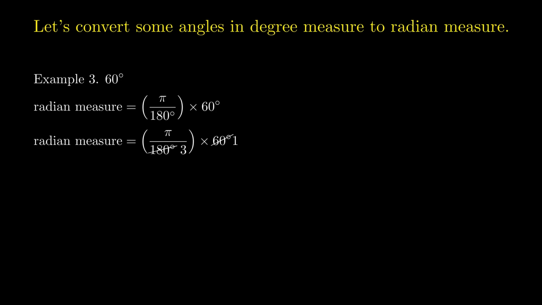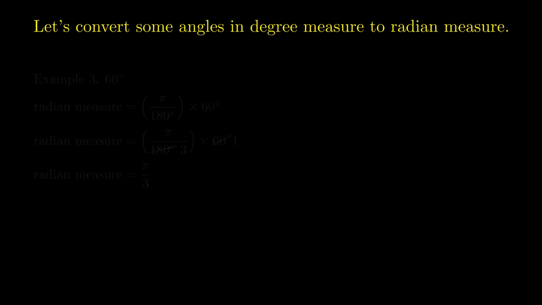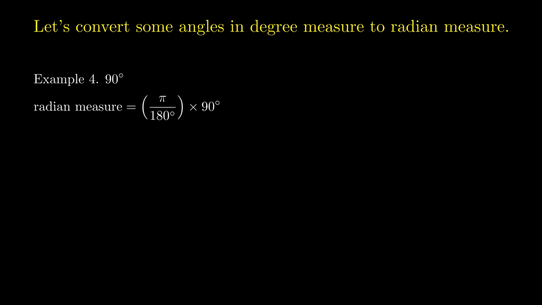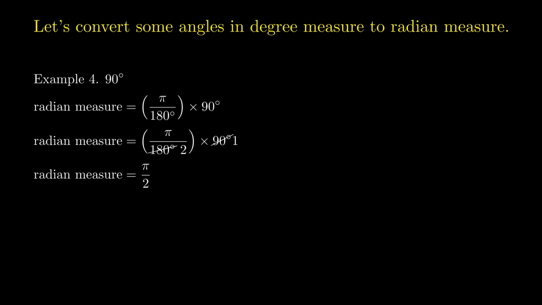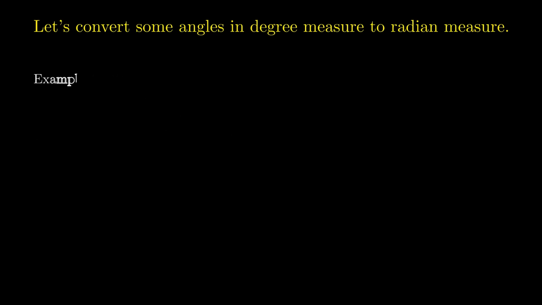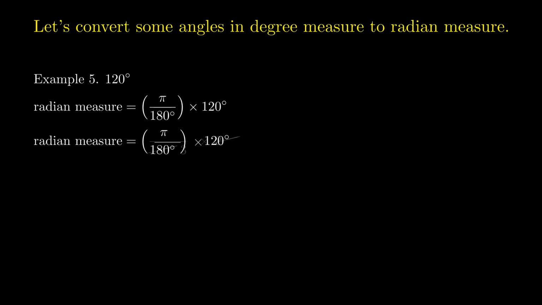So 60 degrees simplifies to pi by 3 radians. 90 degrees is pi over 180 times 90, which equals pi by 2 radians. For 120 degrees, it will be 2 pi by 3 radians.